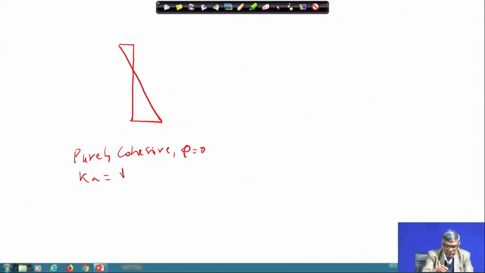And at this point, what will be the value? Actually, you have P equal to sigma 1 K A minus 2 C root K A. So, this occurs 0. So, it will be 2 C root K A. So, ultimately it will be minus 2 C only at this point. This is minus 2 C, and at this point will be some value, depth is not known.